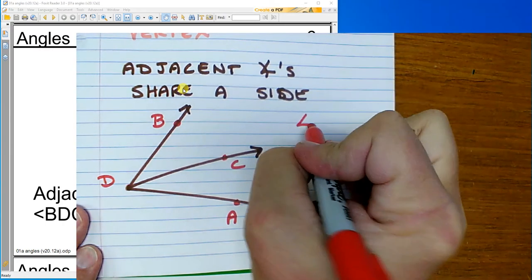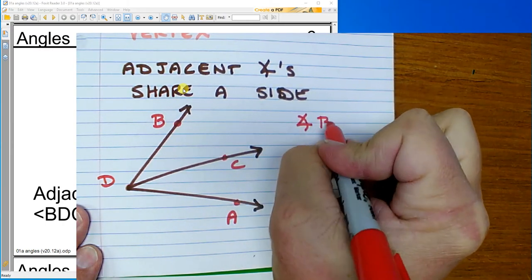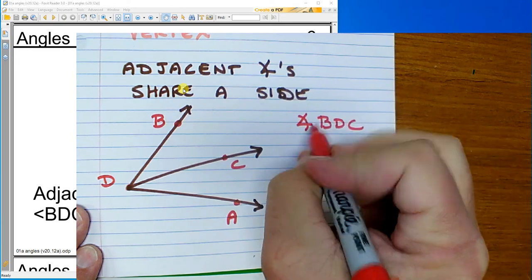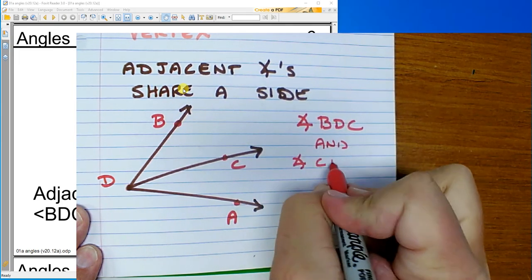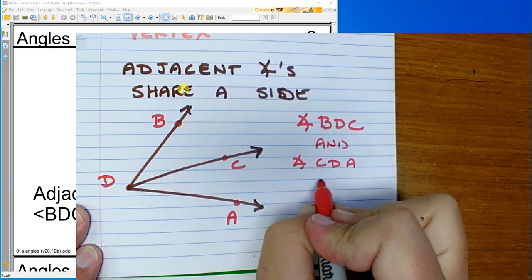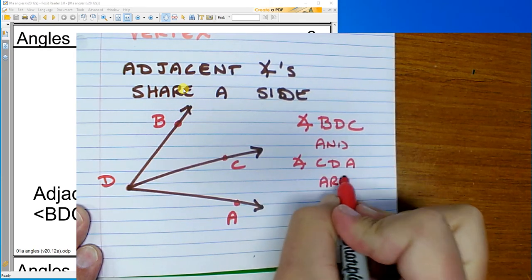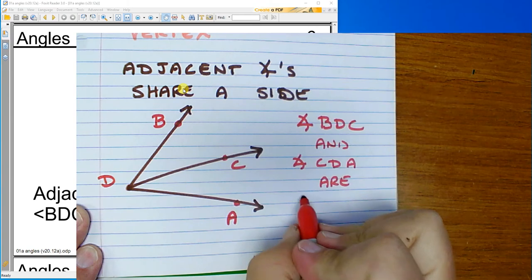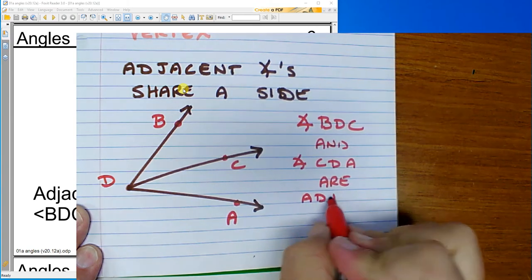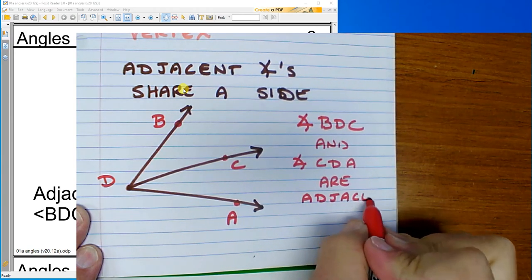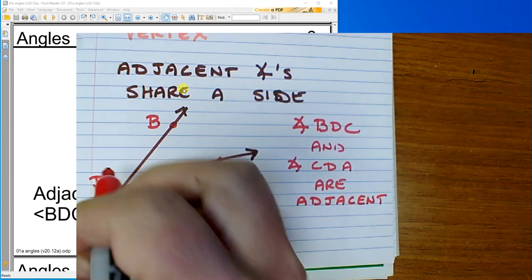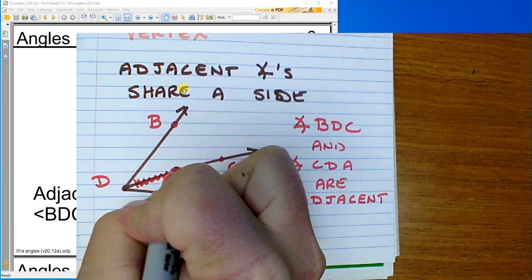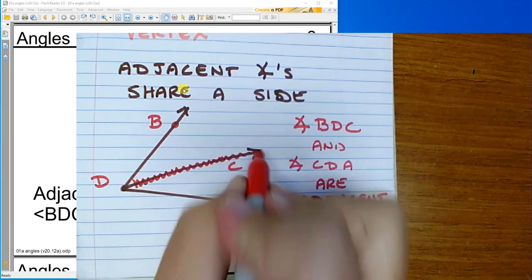Angle BDC and angle CDA are adjacent. They share this side right here.